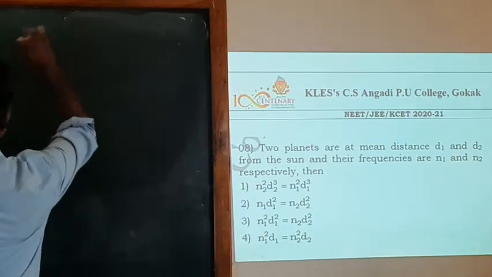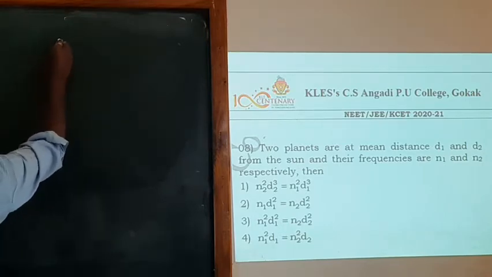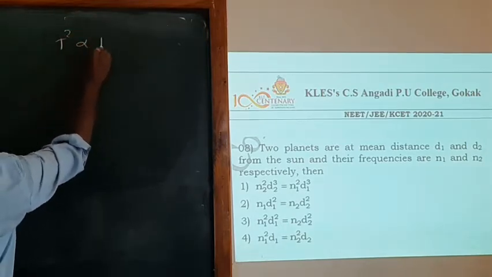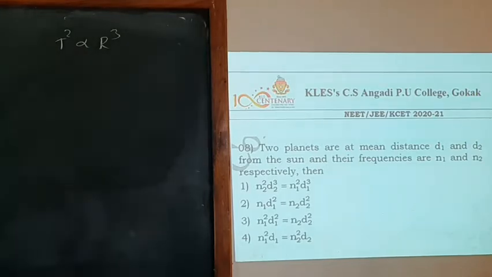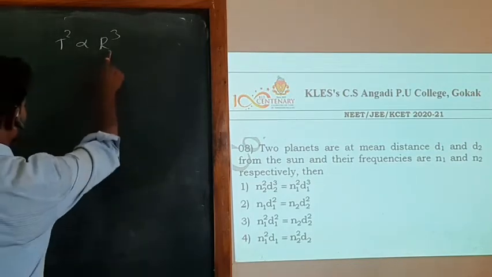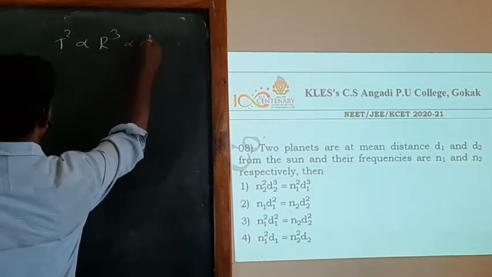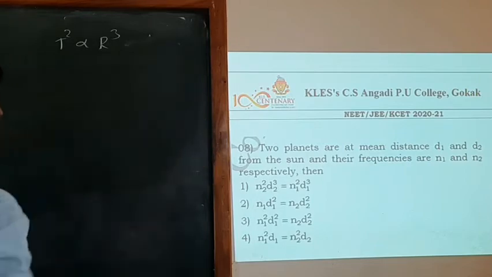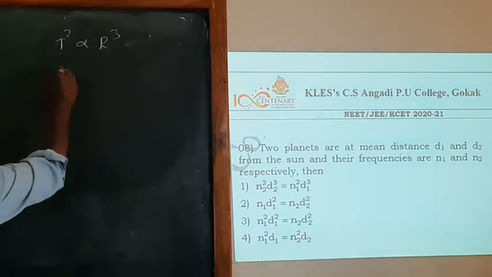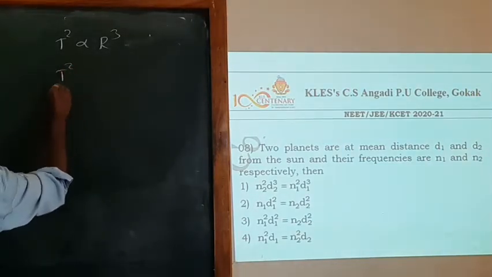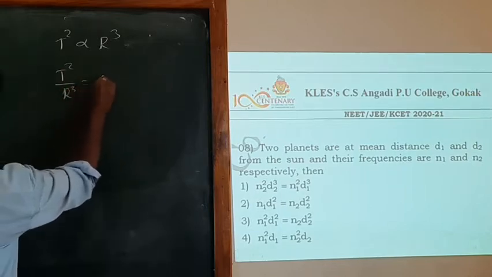And we know Kepler's third law, so that is T square is proportional to r cube. The square of the time period of a planet is directly proportional to the cube of its semi-major axis, which is directly proportional to the distance. Now I will write T square divided by r cube is equal to a constant.